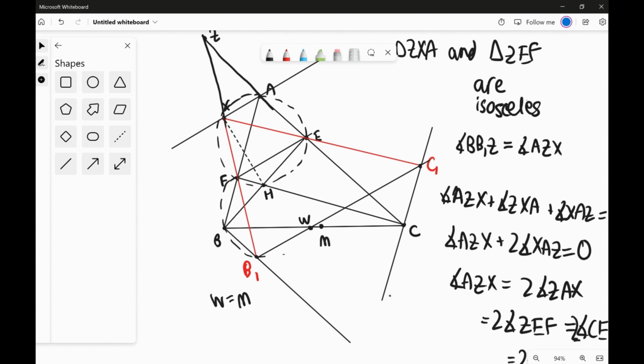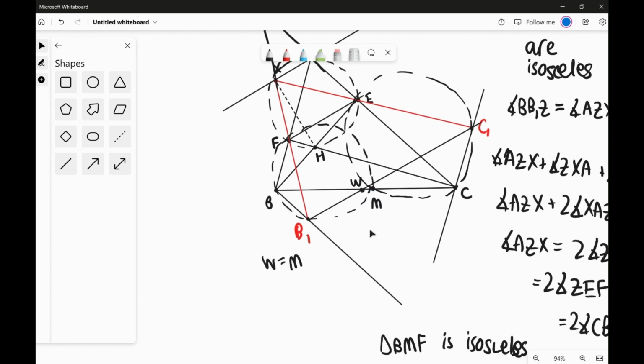So let me go ahead and draw that in. Similarly, CC1EM is also cyclic. So we can go ahead and draw that in. And this quadrilateral here is cyclic because of similar logic.